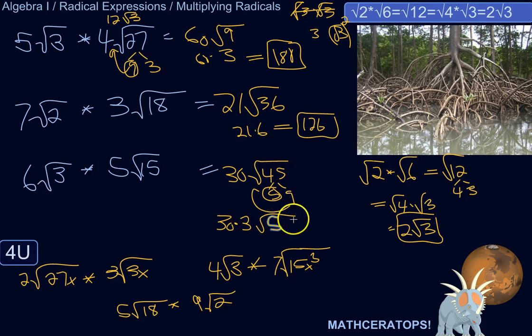So 30 times 3 is 90. So this would be 90 times the square root of 5. So just look at the radicand, see if one of the factors of the radicand is a perfect square, something that you can easily square root and get it out front, just to simplify things further.